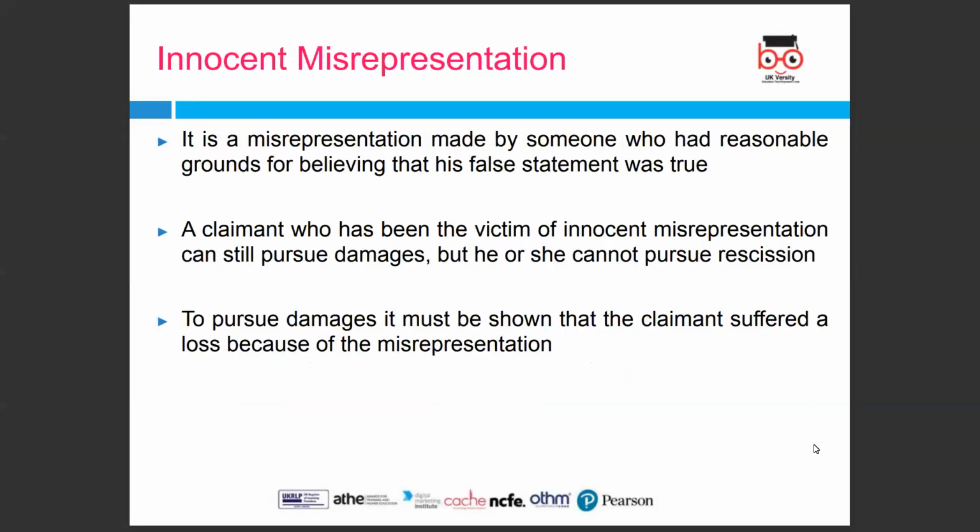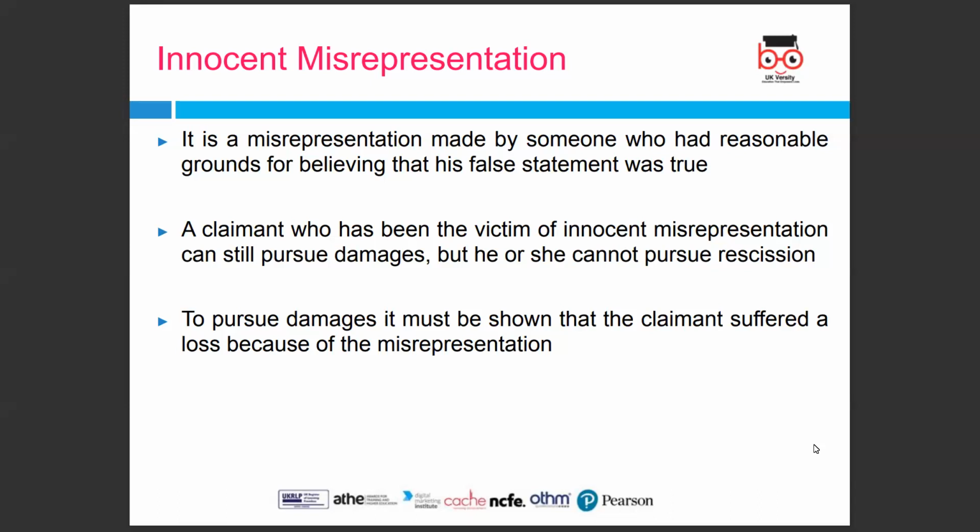So we're going to go through each one. Innocent misrepresentation. It is a misrepresentation made by someone who had reasonable grounds for believing that the statement was true.